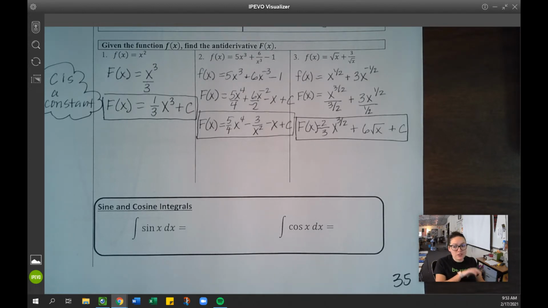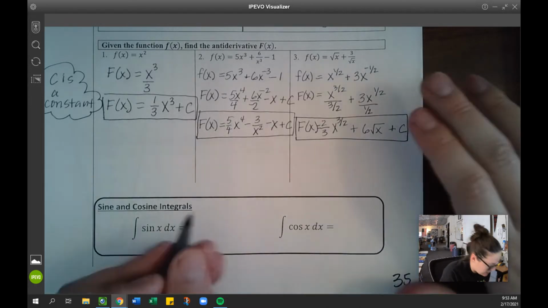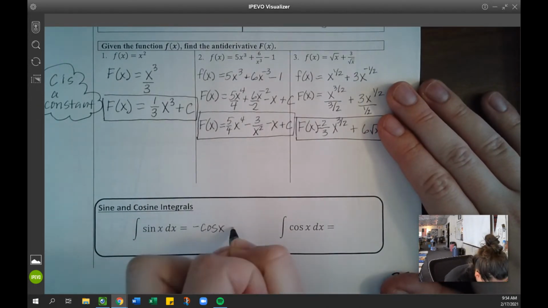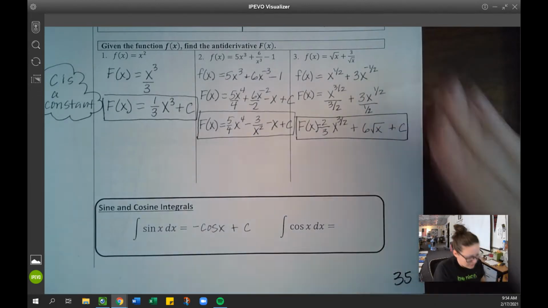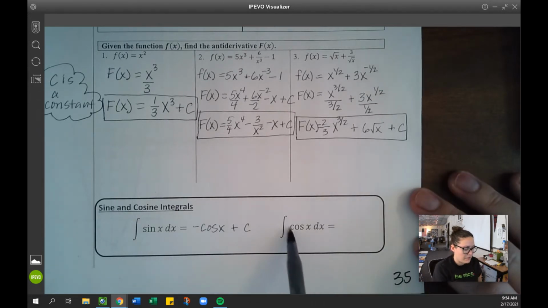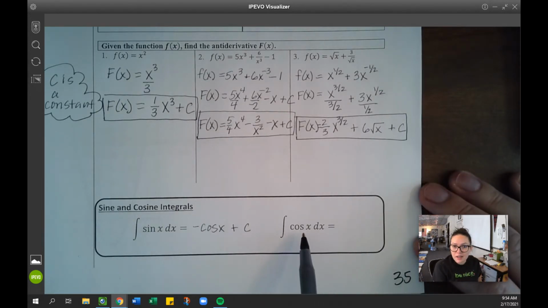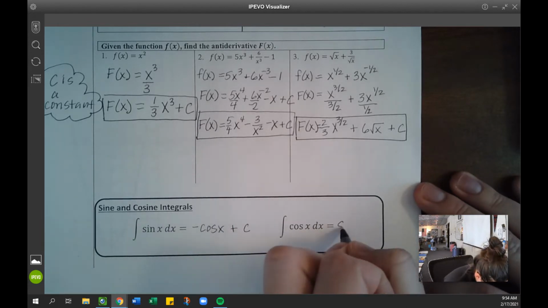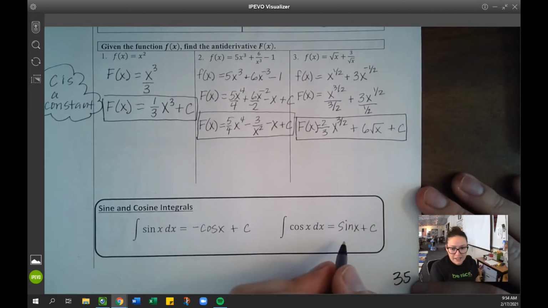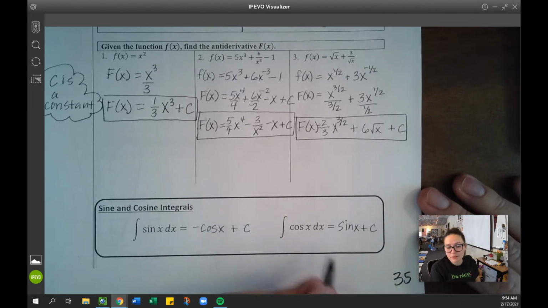So if I want the derivative to just be sine, that means I need the function to be negative cosine. And then I'm going to put that plus c there. So the antiderivative of sine is negative cosine. The integral of cosine is just going to be sine, because if I take the derivative of sine, I get cosine.